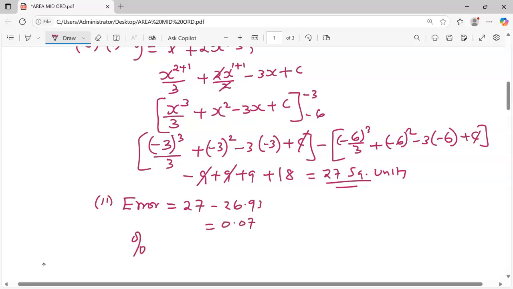For the percentage error, we simply take the error of 0.07 over the actual area of 27 times 100, and this one is going to give us approximately 0.2593% as the answer to this particular question.